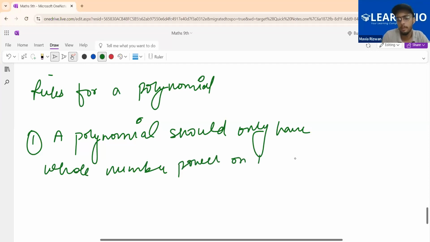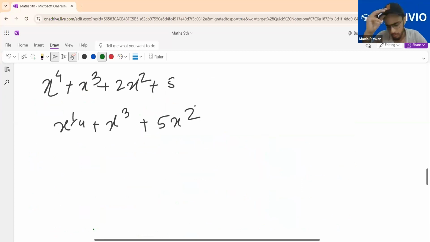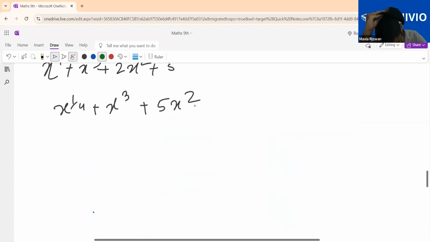See, I'll tell you what it means. First, tell me, Safia, what is a whole number? The numbers which start from 0 and go on to infinity. Now, it says that the power should be a whole number. Here I can see 1 by 4. So is 1 by 4 a whole number, or is it a fraction or rational number? It is a rational number. So this is not a polynomial.